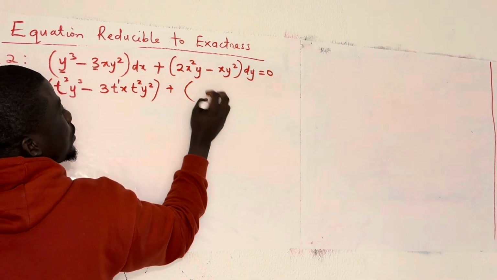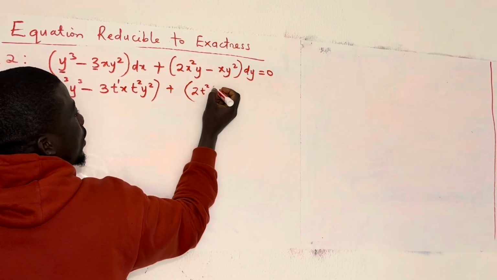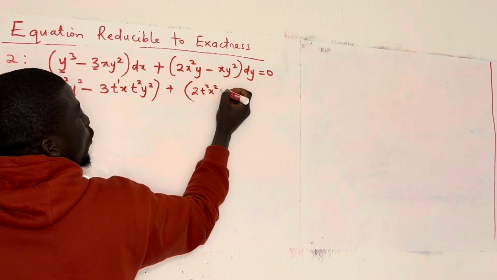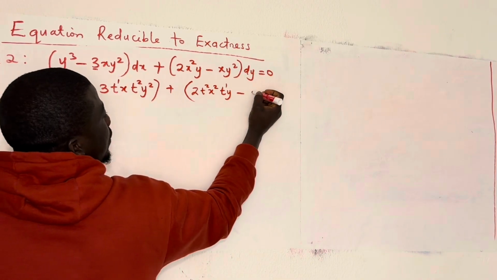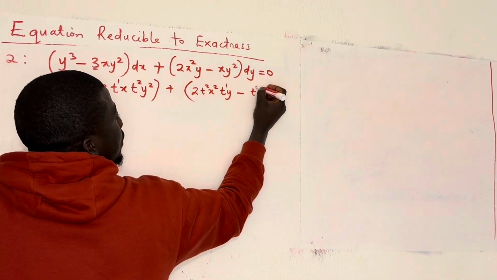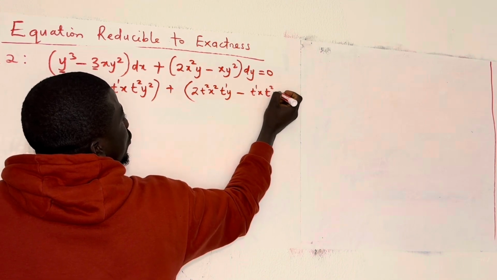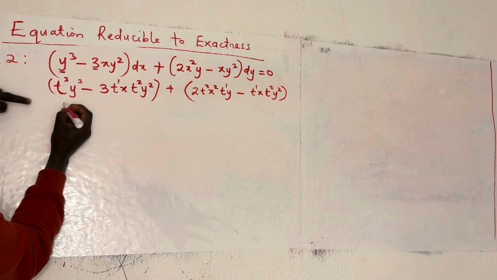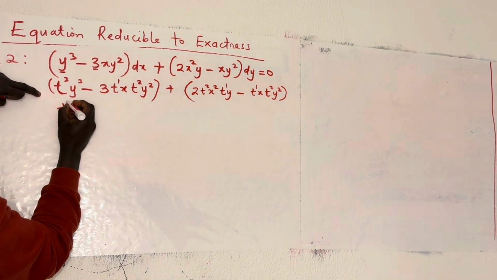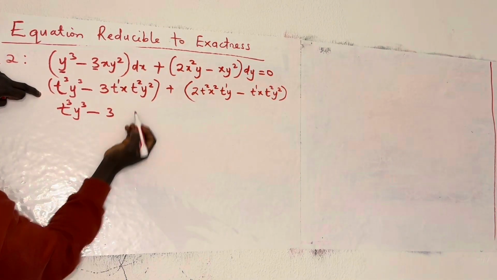Now let's try the other one. We have x squared, which implies t squared x squared, and for y we have t raised to power 1 y, minus t raised to power 1 x and t raised to power 2 y squared. Now for this we have t raised to power 3 y cubed minus 3.